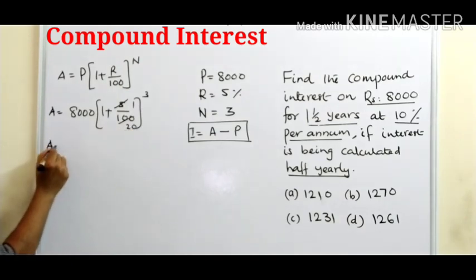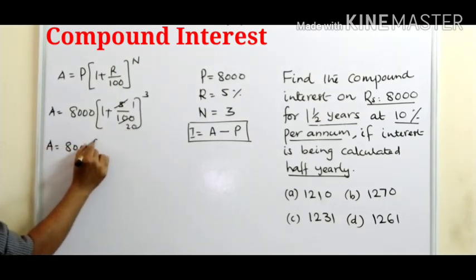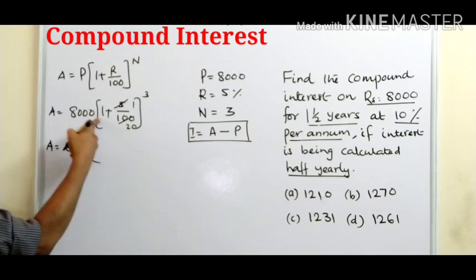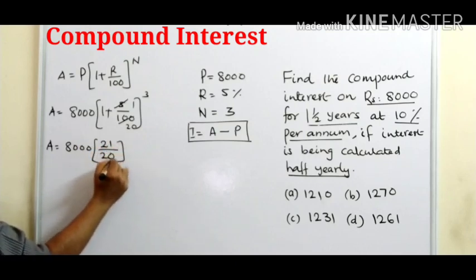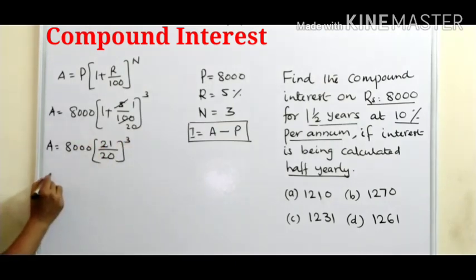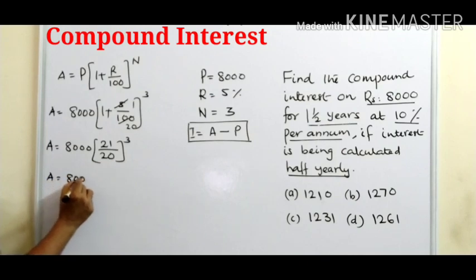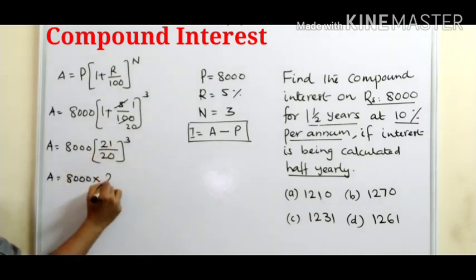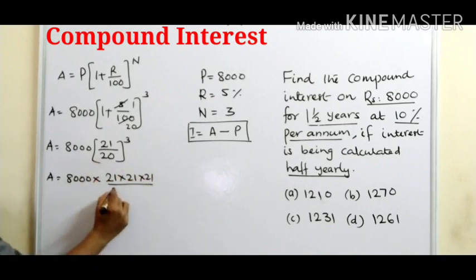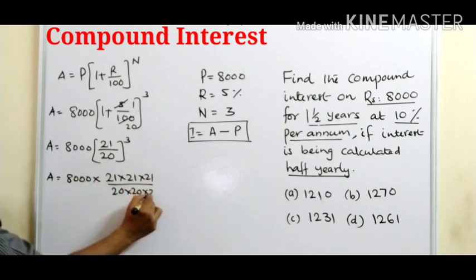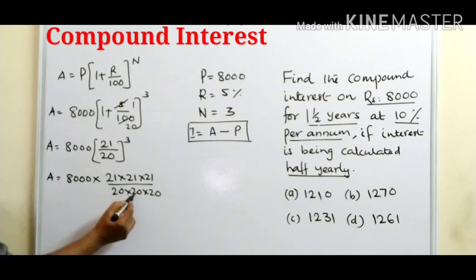So this A will be equal to 8,000 into (1 plus 1 by 20), and when you take the LCM here, 20 into 1, 20 plus 1, 21. 21 by 20 power 3. So A will be equal to 8,000 into 21 cube, which is 21 into 21 into 21, by 20 into 20 into 20. 2 2s are 4, 4 2s are 8.